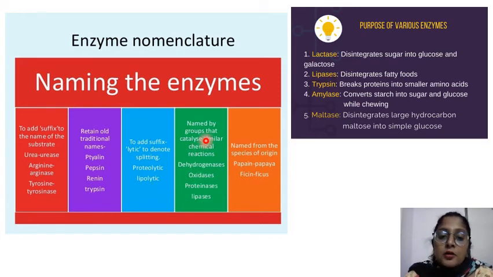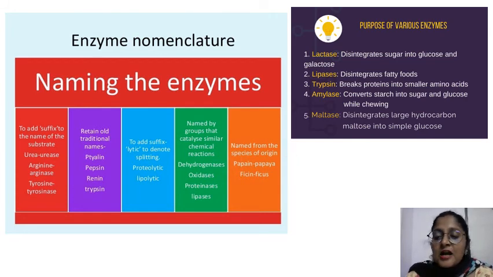Some are named on catalytic functions, similar chemical reactions, like dehydrogenases, oxidases, proteinases, and lipases, and some are named on the species of origin: the enzyme present in papaya is papain, the enzyme present in ficus is ficin, capsicum is capsaicin. So this is how the enzyme nomenclature is given.